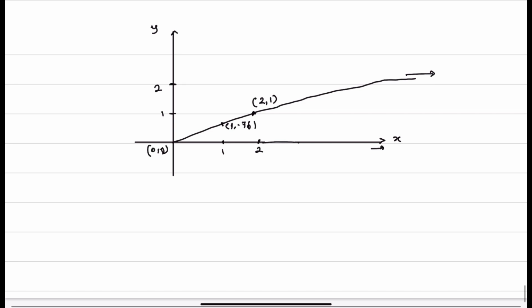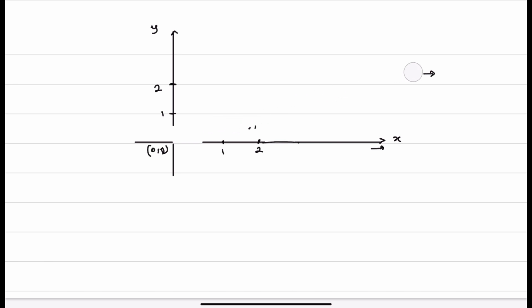Logarithmically y is increasing, it's not a straight line here. We have to draw it because it is not a straight line. Draw it on a scale, or we can even draw in a better way. Because I am drawing without a scale, I am finding it a little bit difficult.